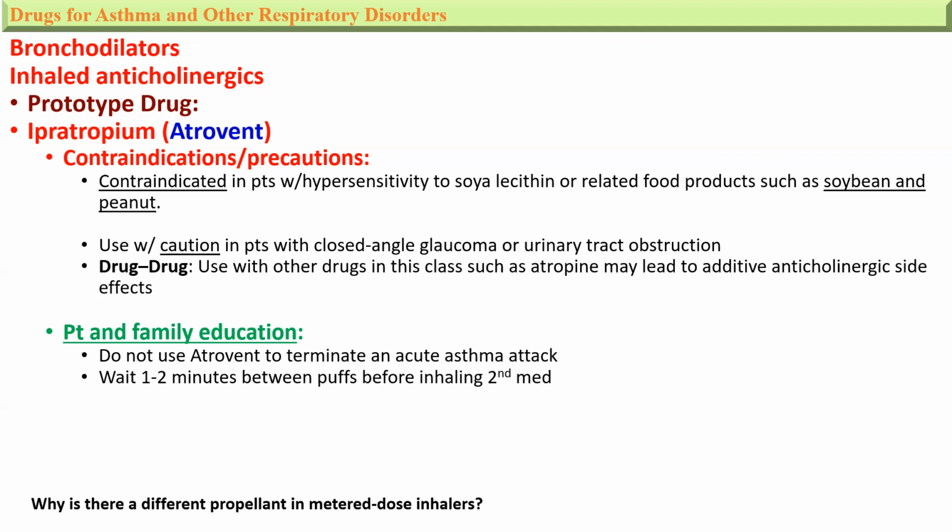What they found is that these propellants deplete the ozone layer high above the earth, and a protocol was enacted worldwide to reduce the amount of this chemical to decrease the ozone depletion. So that's why there is a different propellant in the metered dose inhalers.